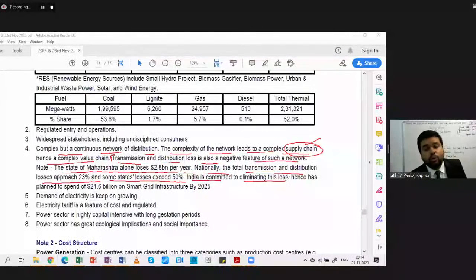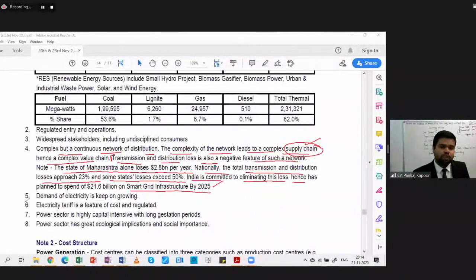India is committed to eliminating this loss. Hence, India is moving to smart grid infrastructure by 2025. So this is the vision of India, that by 2025 it will move to the smart grid mission. Now, the grid will work in such a mode that no loss will be possible over the transmission line or the distribution line.